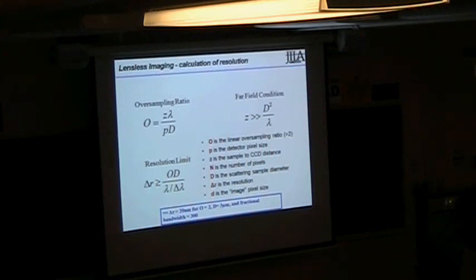But the limit in terms of the damage threshold for a biological sample is around 10 nanometers, and that's pretty consistent across the spectrum, because shorter wavelength light is more damaging to the sample. With a non-biological system, it's more around 1 nanometer before it's damaged.